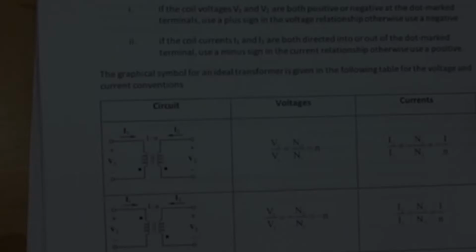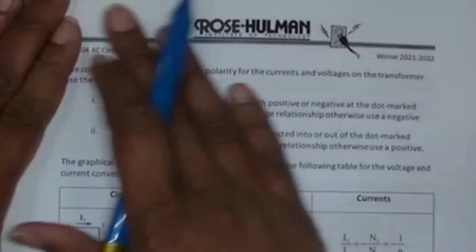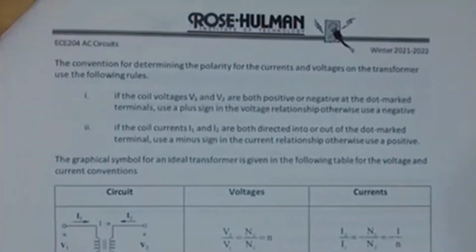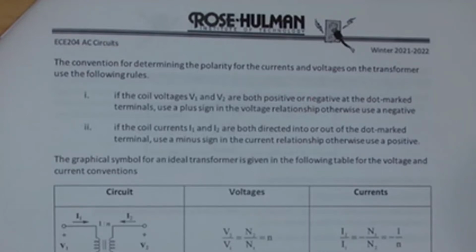Okay. The conventions for determining the polarity for the currents and voltages on the transformers use the following rules. If the coil voltages are both positive or negative at the dotted terminal, use a plus sign in the voltage relationship, otherwise it's negative. If the coil currents I1 and I2 are both directed into or out of the dot marked terminal, use a minus sign in the current relationship, otherwise use a positive.